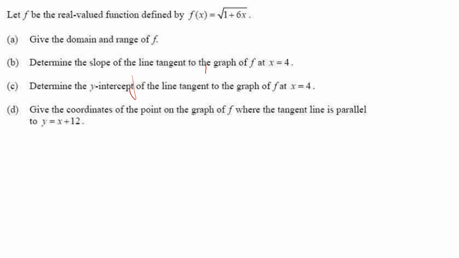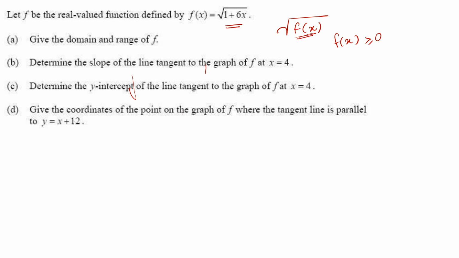For such kind of function, we always take the inner function which is written inside the radical sign and make it greater than or equal to 0. It means all the values which are greater than or equal to 0, not the negative values, will give you the answer. So now in our case, f of x is written as the square root of 1 plus 6x.